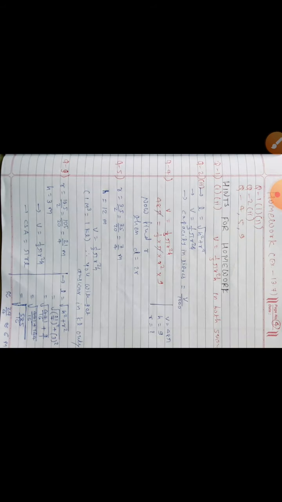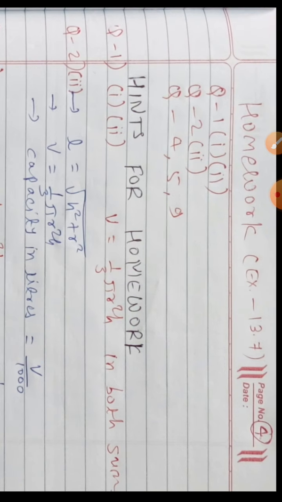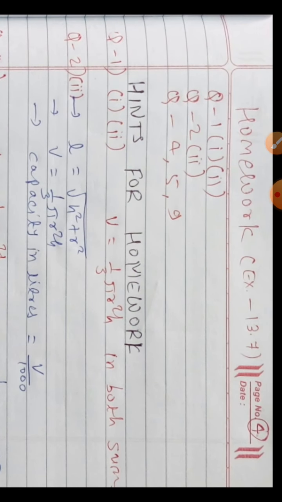Now this is today's homework: question 1 with both sub-questions 1 and 2. The second one is already solved here. You have to write all solved questions as well as homework in your fair book. First of all, write this homework question in the homework book, then only transfer it into the fair book.